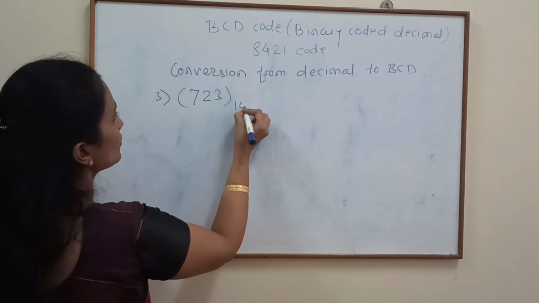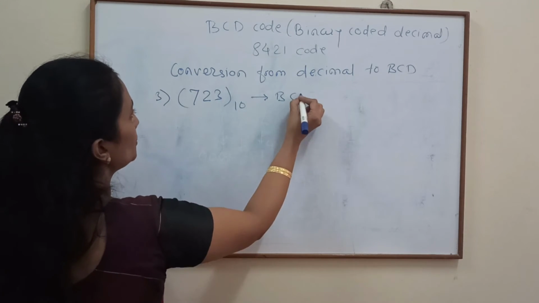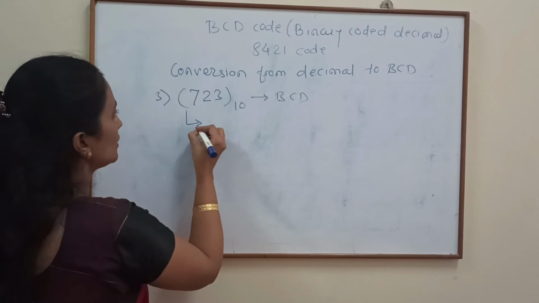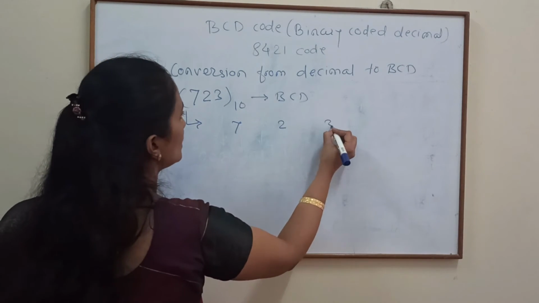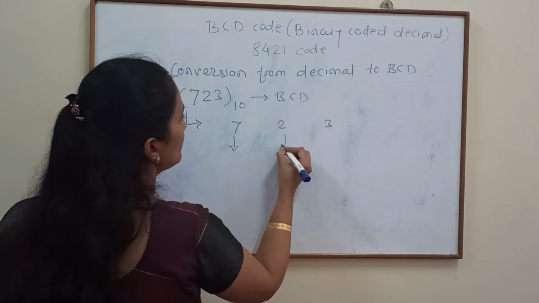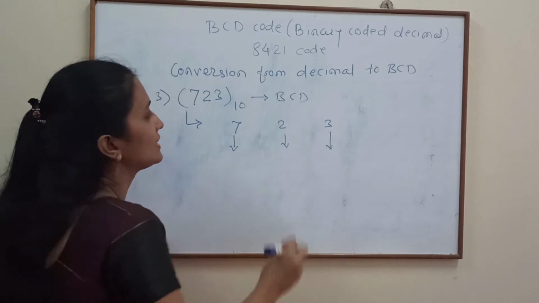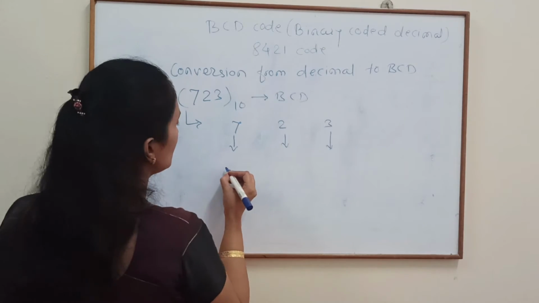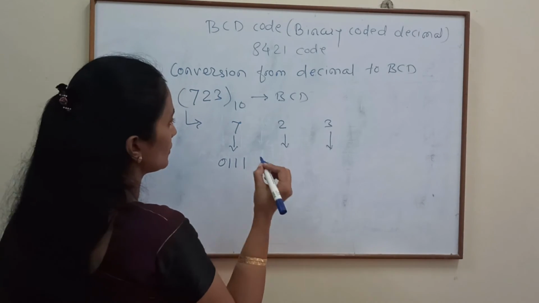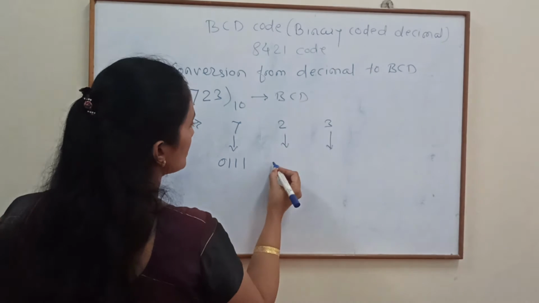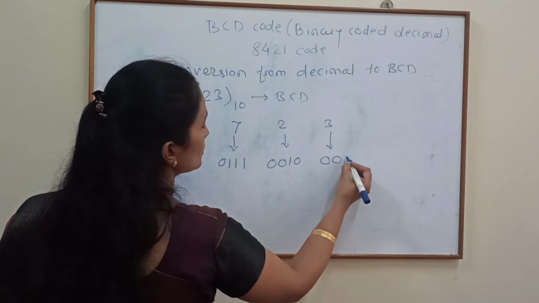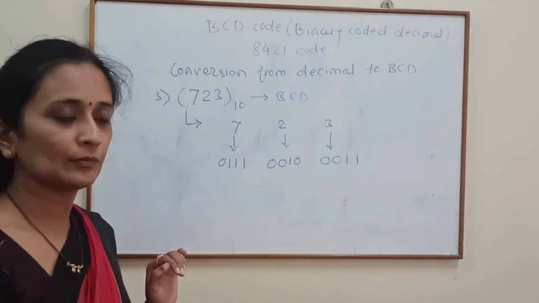One more example, last example we will take. 723. This decimal number I want to convert into BCD form. First step, take down that number, separate the digits and write the equivalent BCD code. 7 in BCD is 0111, 2 is 0010 and 3 is 0011.